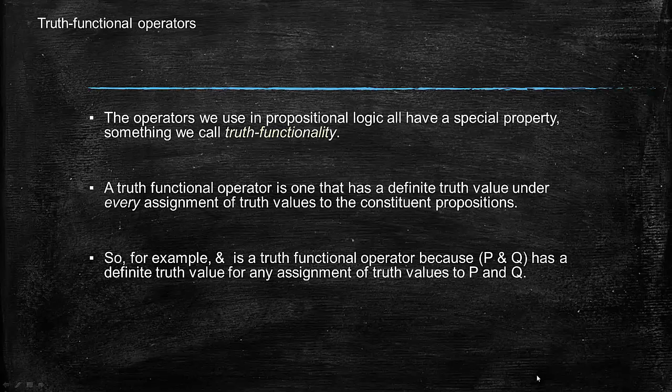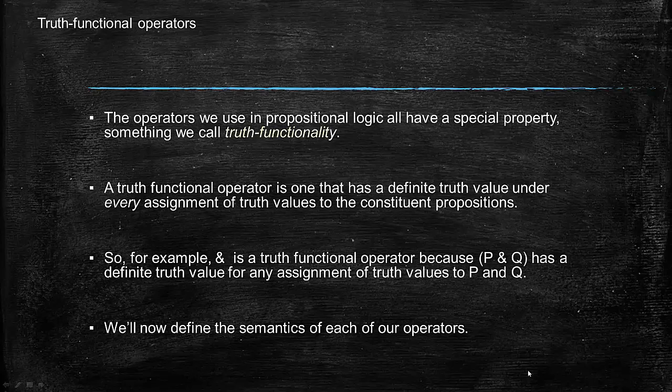So, for example, if you say P and Q, then no matter what the truth values of P and Q are, say P is true and Q is false, P is true and Q is true, etc., there's going to be one definite truth value for the whole statement P and Q. So there's no way you can have no truth value, and there will be no deviation. It's not like sometimes it'll be true and sometimes it'll be false.